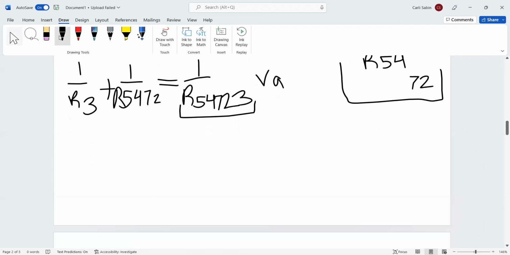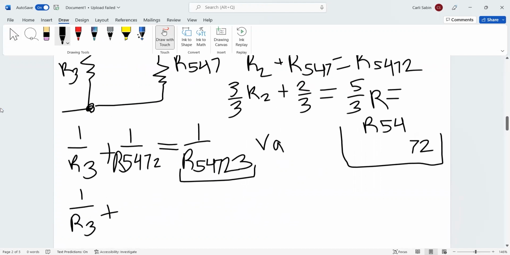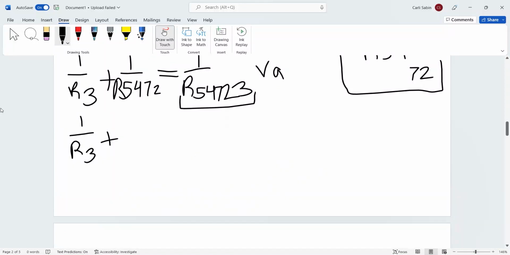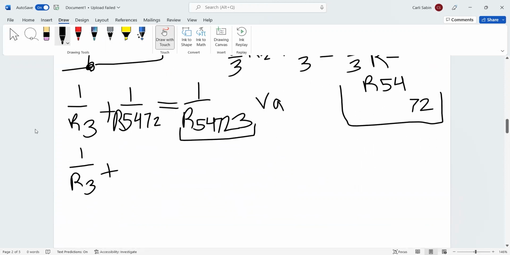So now we have 1 over R3 plus, let's see, what is R of 5,4,7,2? We said was just 5 over 3R, but it's in the denominator, so we're just going to go ahead and flip this.